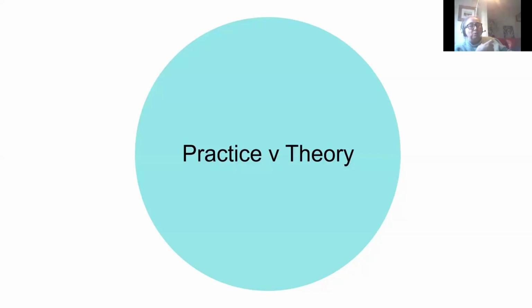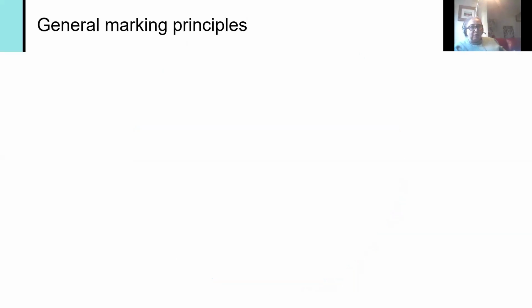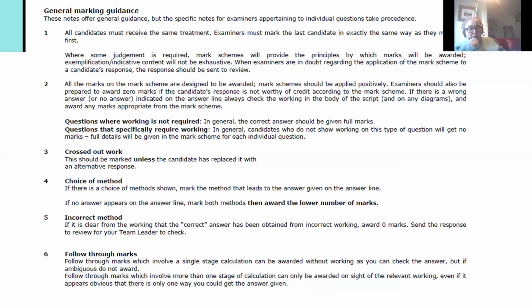But it is important to understand the general marking principles so that when it comes to the review of marking, should you have students you want to review the marking post the real exam, or even you want to go to appeal, understanding these principles is important. At the start of every mark scheme produced, there are three or four pages that go through the general marking guidance.